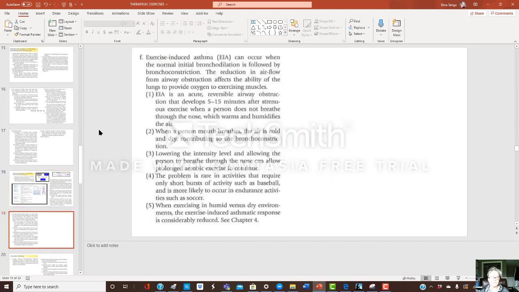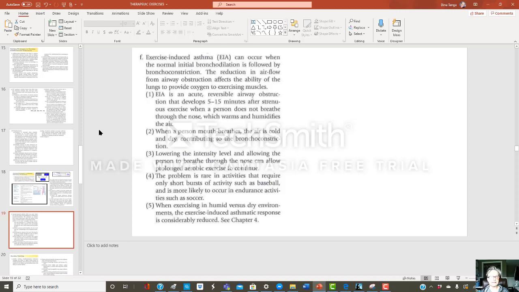Exercise-induced asthma can occur when the normal initial bronchodilation is followed by bronchoconstriction. The reduction in airflow from airway obstruction affects the ability of the lungs to provide oxygen to exercising muscles.